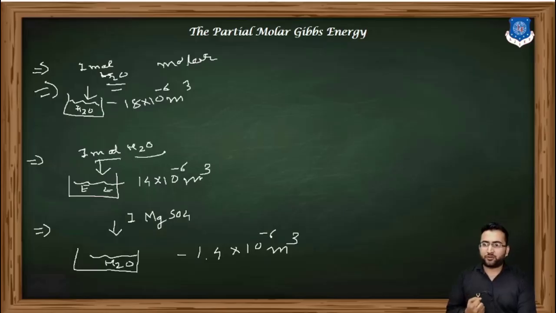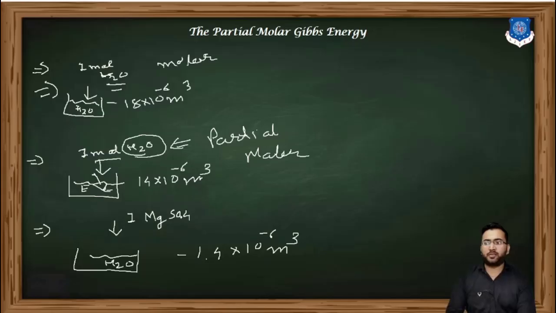So H2O loses its identity or property when it goes into the mixture with ethanol, and it contributes a small amount of its property in the solution to make the new property of that particular solution. This type of property is known as a partial molar property.